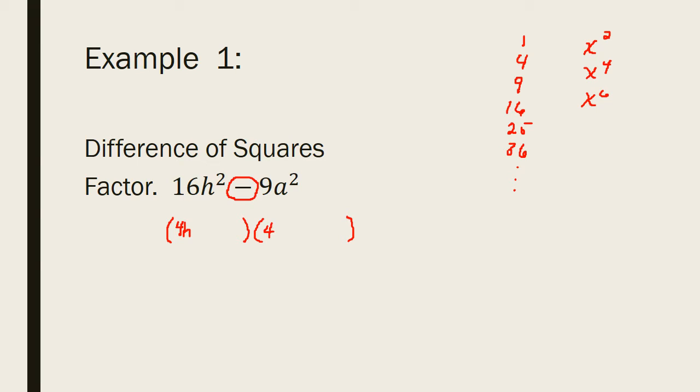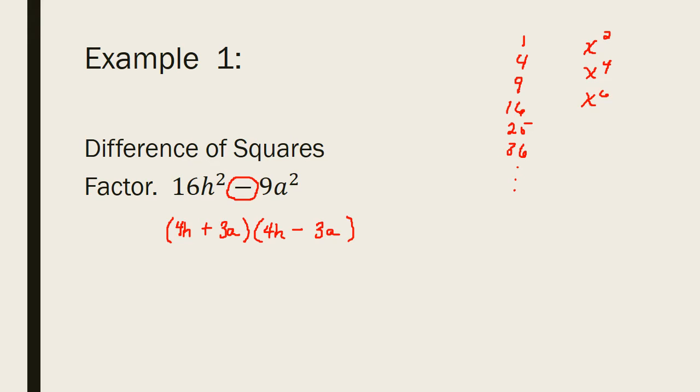And we're going to put that in the front of our parentheses. And then you're going to give one a plus, one set of parentheses a minus, and then you're going to take the square root of the last term. Square root of 9a squared is 3a. And there it is factored. 4h plus 3a times 4h minus 3a.